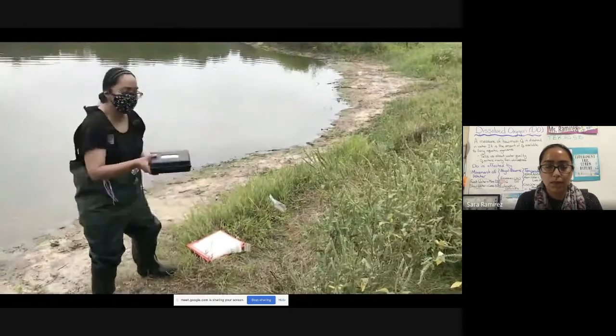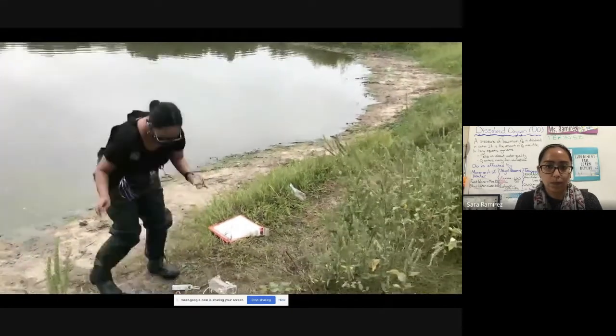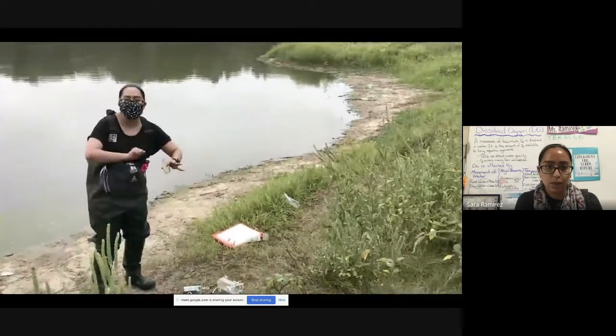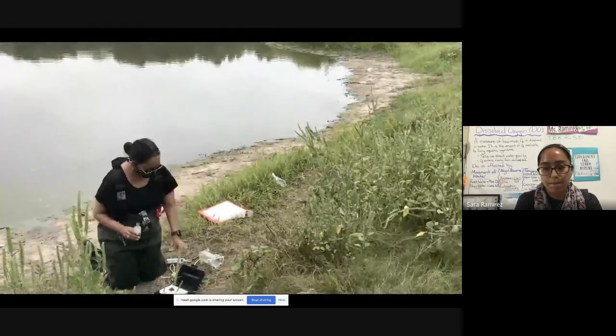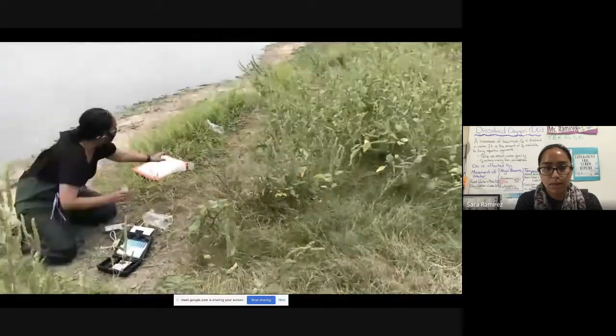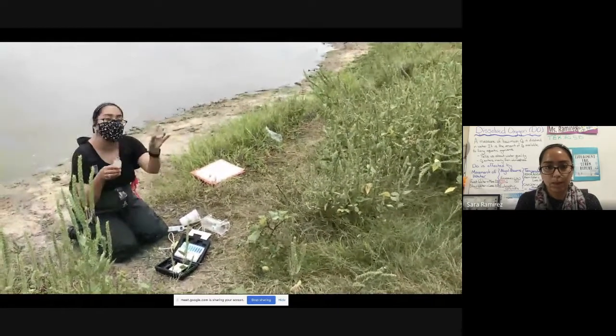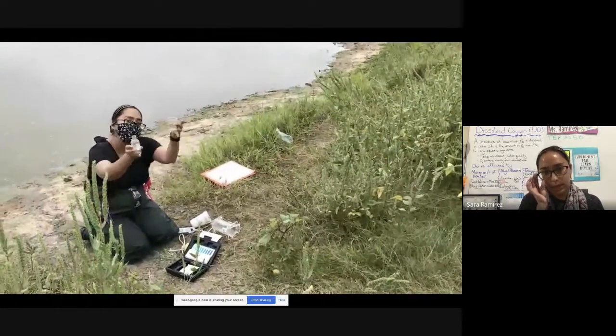This is a Chem-Met dissolved oxygen test kit. And I'm probably going to sit down for this just because it's a little bit easier for me to use it. I'm going to pour about 30 milliliters of our water sample into this little beaker.